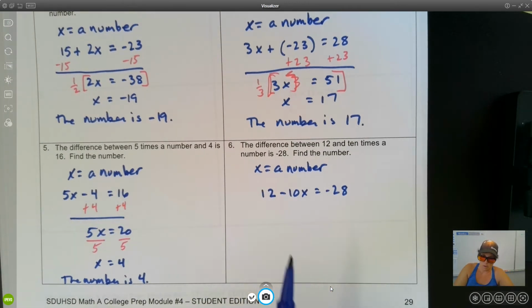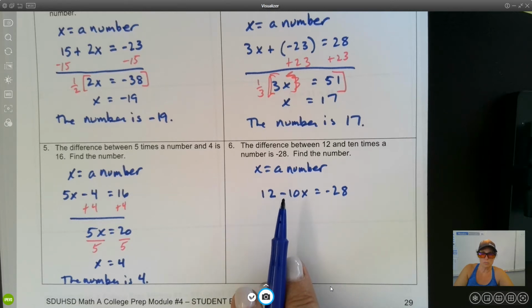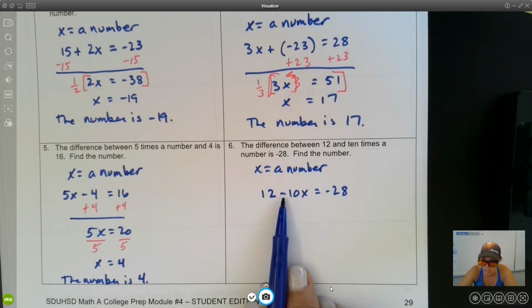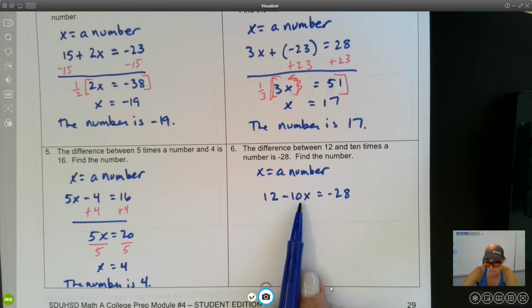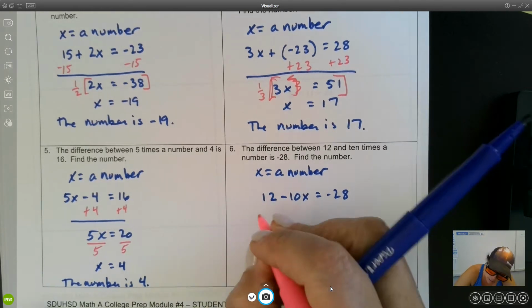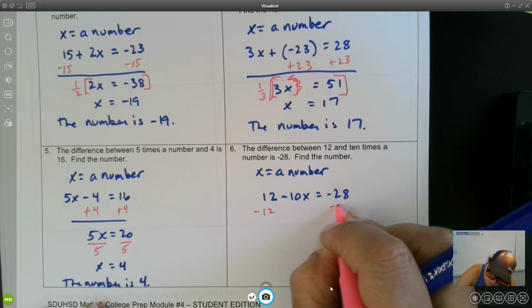All right, remember that subtraction is not commutative. The order matters, okay? Now, don't be tricked by this. This is like a plus negative 10x. This 12 is positive. How do you get rid of a positive 12? With a negative 12.